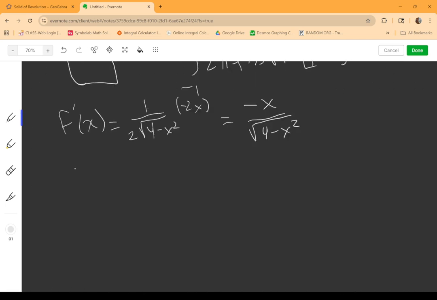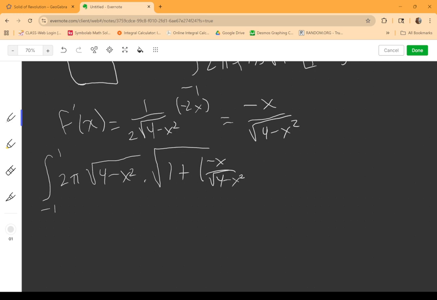Here we have the integral from -1 to 1, 2 pi square root of 4 minus x squared times the square root of 1 plus (-x over root 4 minus x squared) squared dx.